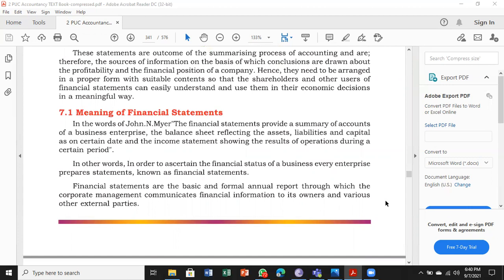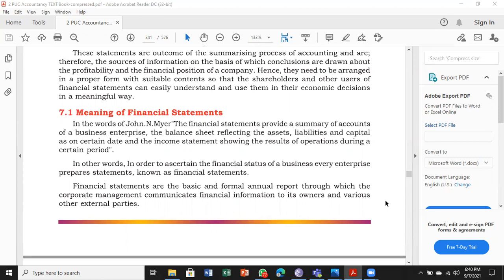And this is a little bit tougher for you to understand, but still for examination purposes, they have made it more simple. So the financial statement we prepare is a summary of the entire 1 year's accounts. It is not for 1 day, 1 week, 1 month.